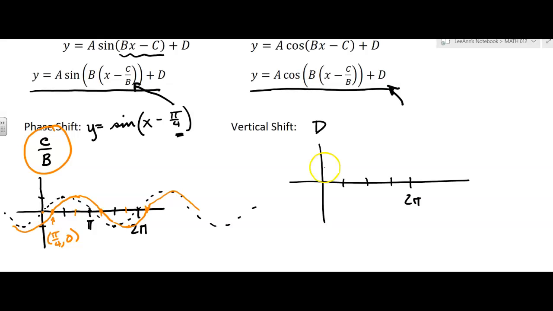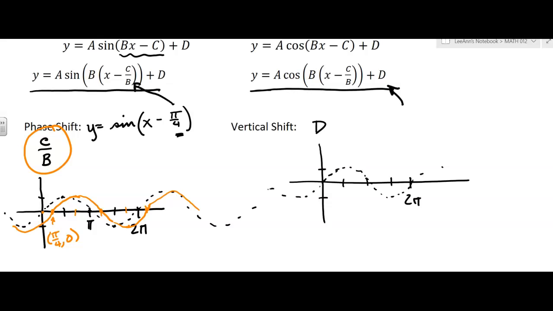And then our normal curve, and I'm just using sine. It's not that I don't like cosine. I'm just sticking with the same curve. And remember, that continues in both directions. That pattern continues. It's like a wave.